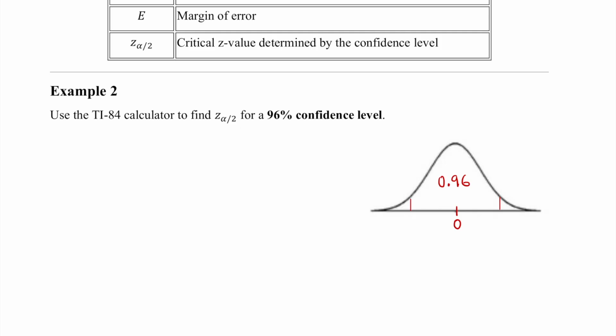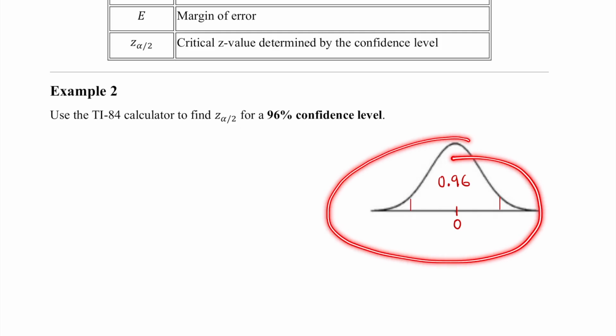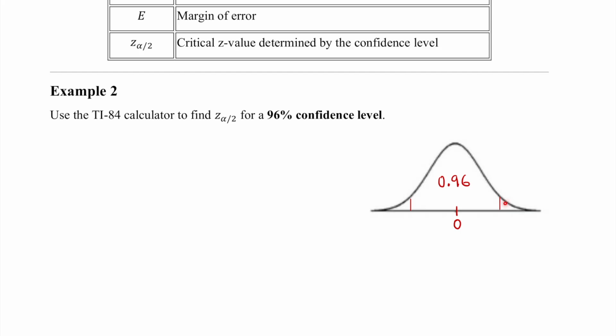Since the total area under the curve is 1 or 100%, the remaining area is 1 minus 0.96, and that is called alpha. So alpha is 1 minus 0.96, which is 0.04. Because the normal curve is symmetric, we split alpha evenly between the two tails. So this tail is half of alpha, and this tail is half of alpha.